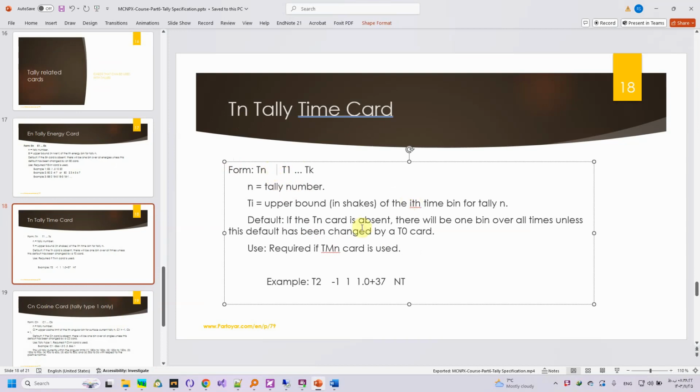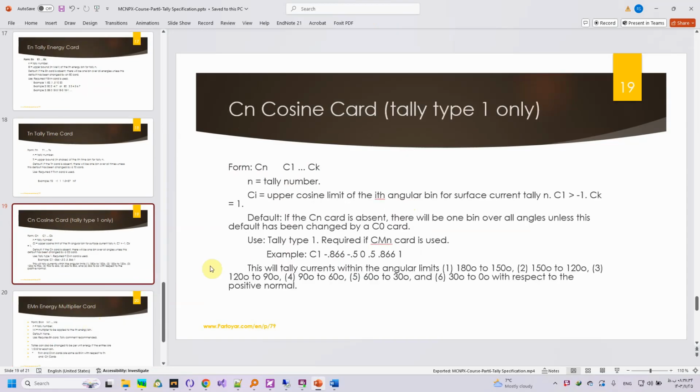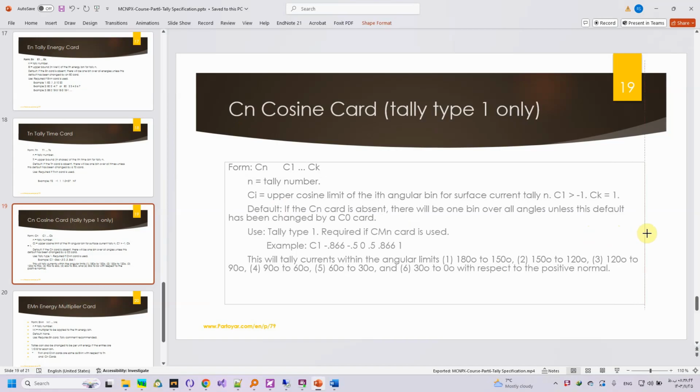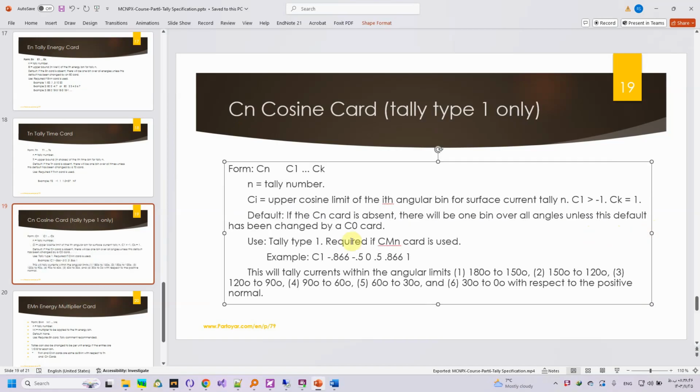Another tally related card is the time card. With the time cards we can get the result of the tally over time. Another parameter is the angle card, or the CN or cosine card, that helps us to calculate the tally over different directions.